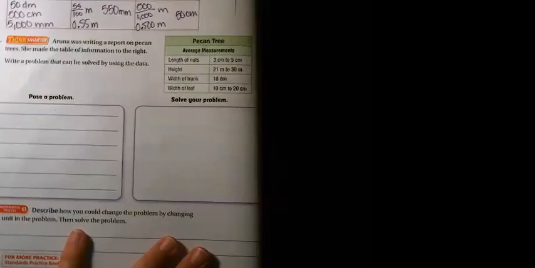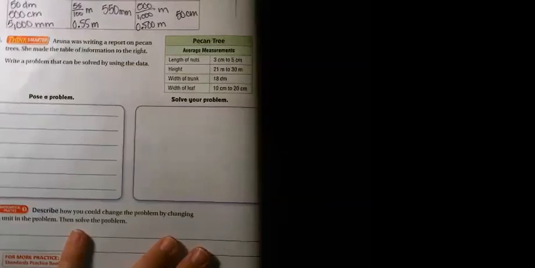So I could do something that involves that. But then for the second part, I would have to change it to another one. And to be able to change it to another one, I would have to be able to almost divide it by 10. And I can't divide these two numbers by 10. 3 and 5, they're prime numbers. They can't go any smaller. So I'm not going to talk about the length of that.